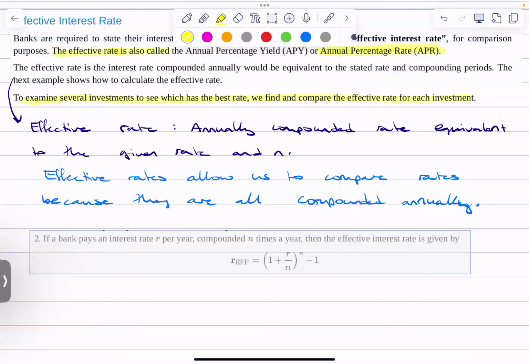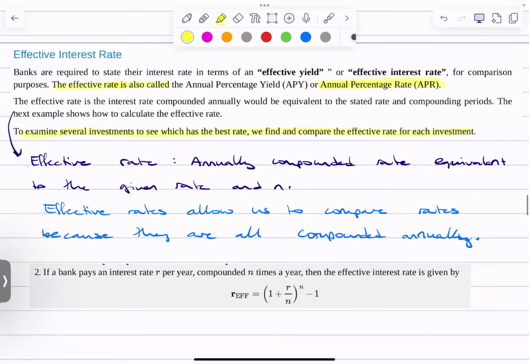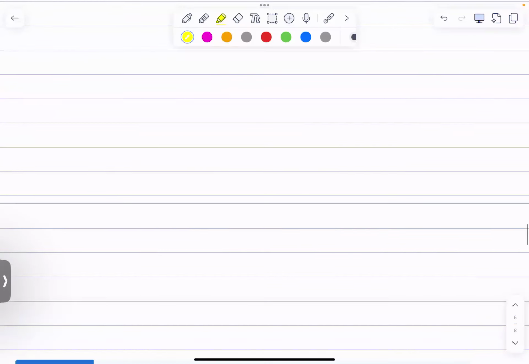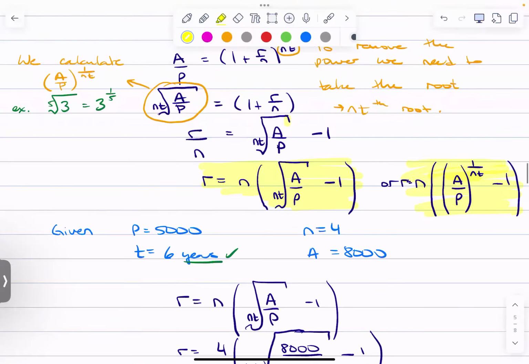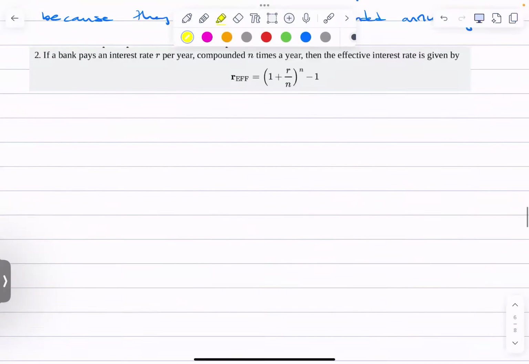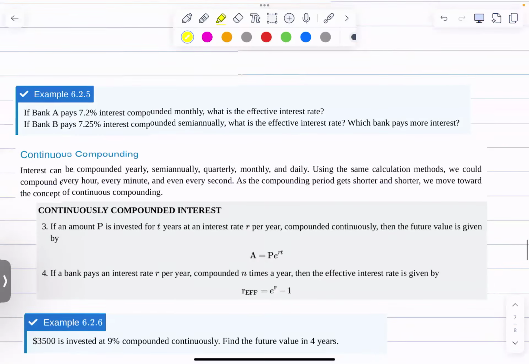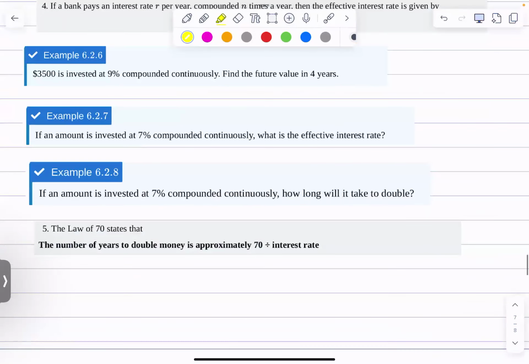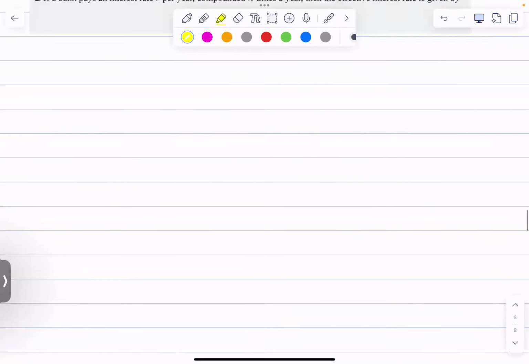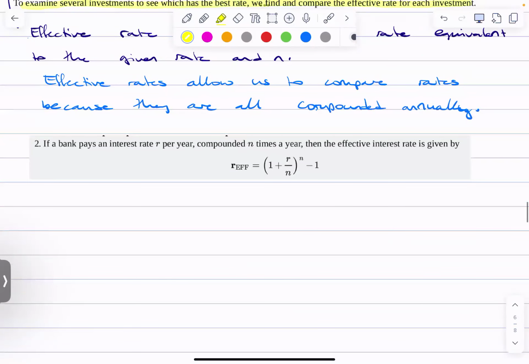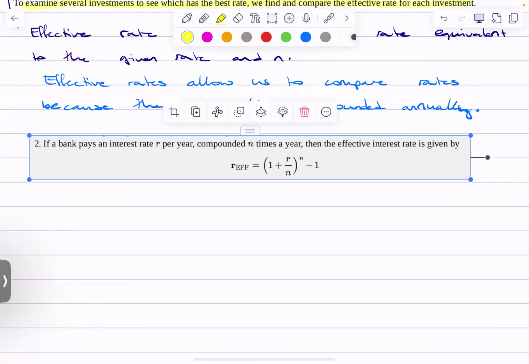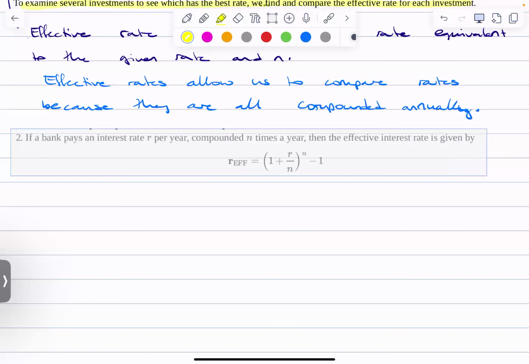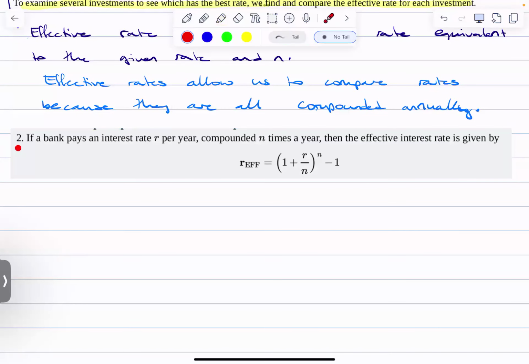Where's the first part of this? Weird. Did it go somewhere else? No. The reason I am hesitating is because it starts at 2 here, but I don't remember seeing a 1.